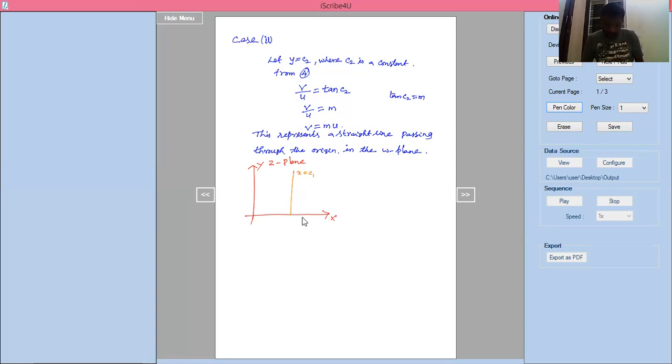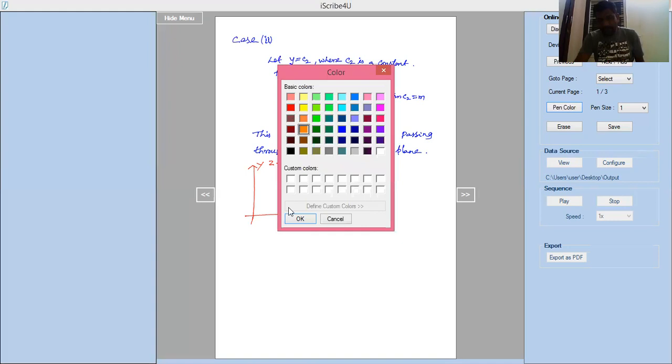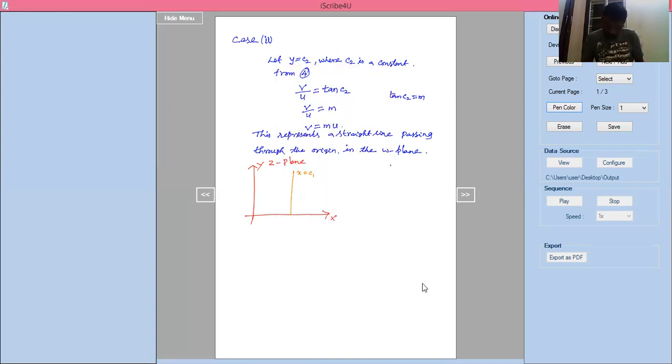Correspondingly in the W plane, what will happen? One axis I'll take as U and another as V. This is the W plane.